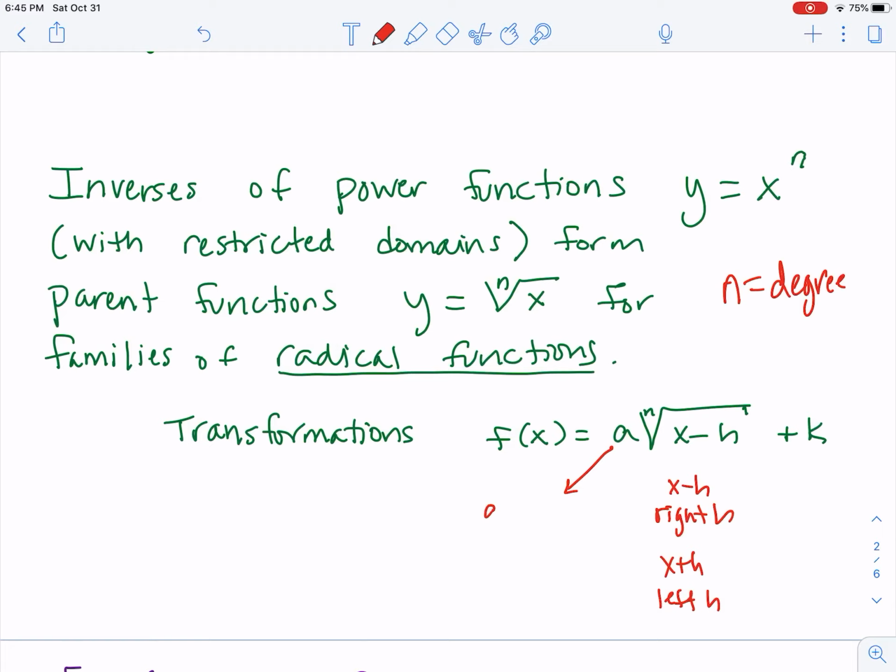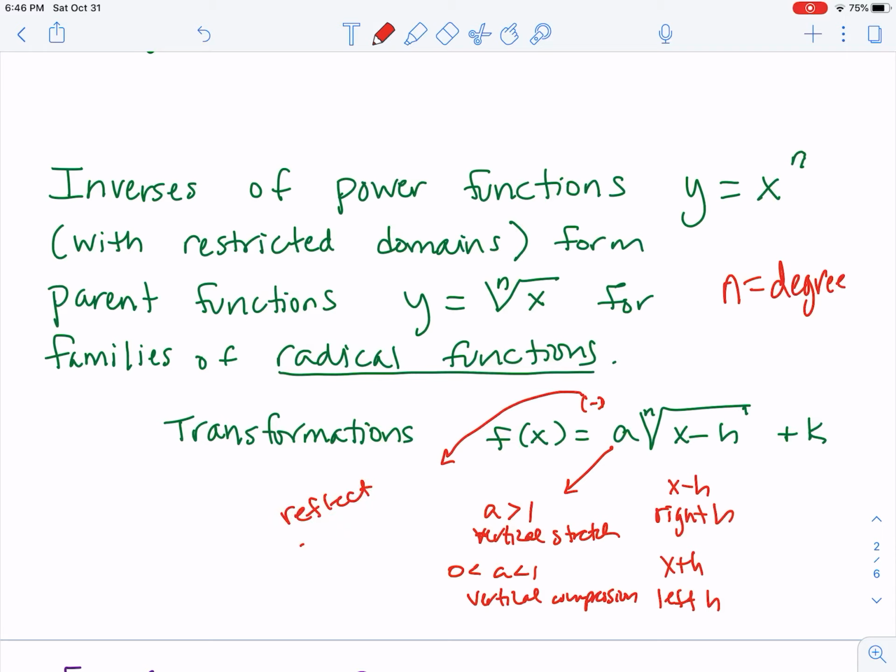The a value, if a is greater than 1, then it's going to be a vertical stretch. If a is less than 1 but bigger than 0, it's a vertical compression, or you can say a vertical shrink. If I have a negative out in front, that negative indicates a reflection over the x-axis.